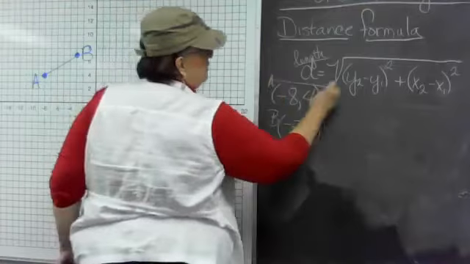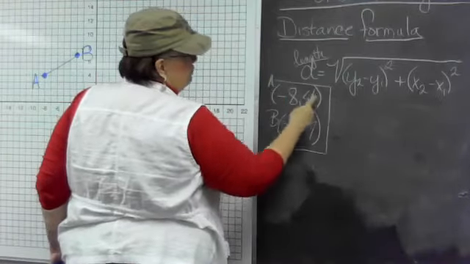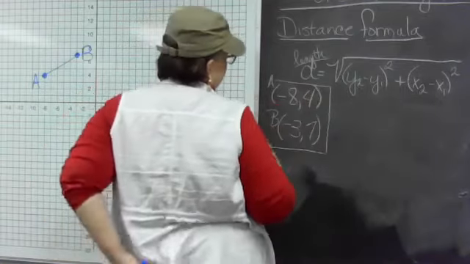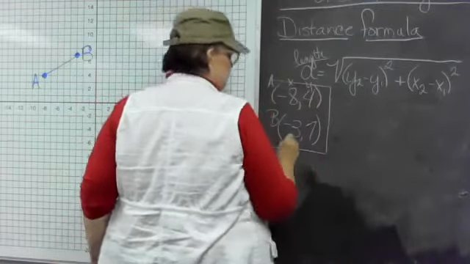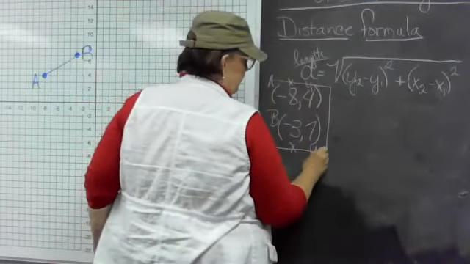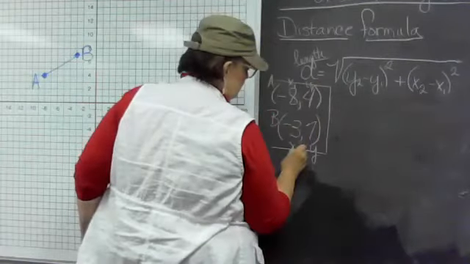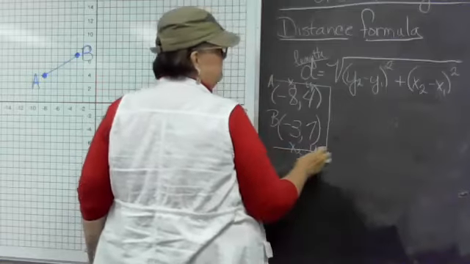And so to find the length of the segment AB, I'm going to use these coordinates to put in the distance formula. So here we go. This is X and Y. This is X and Y. I have to number them so I know where to put them in the formula.